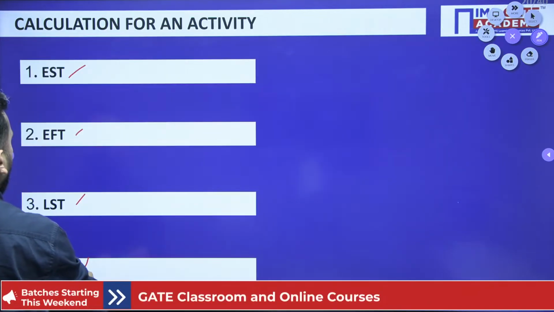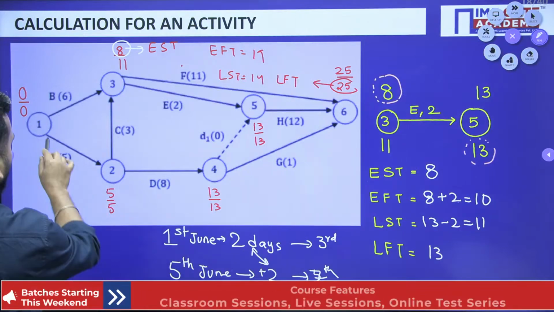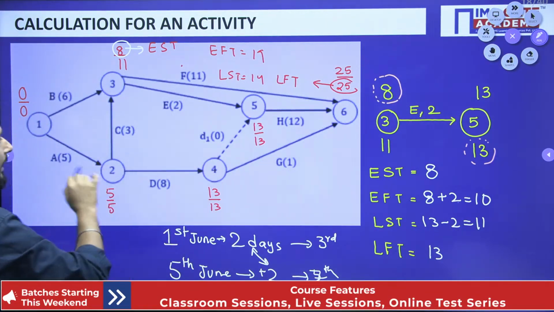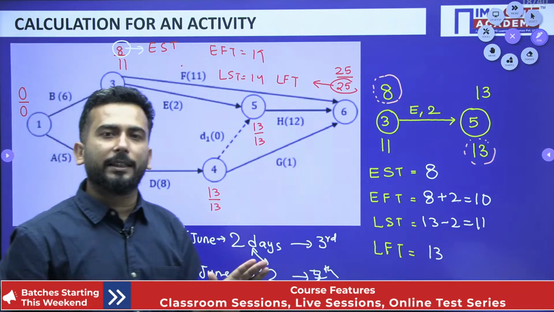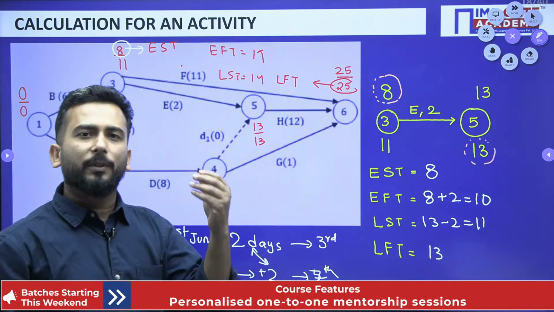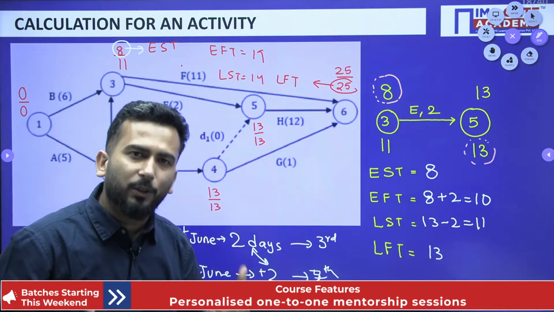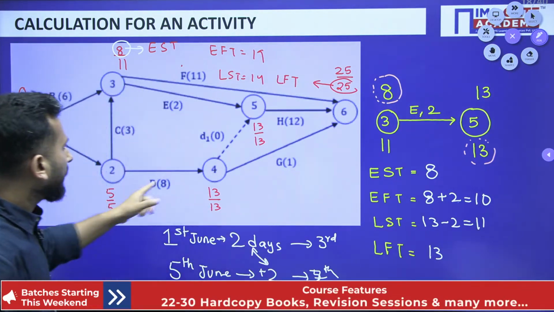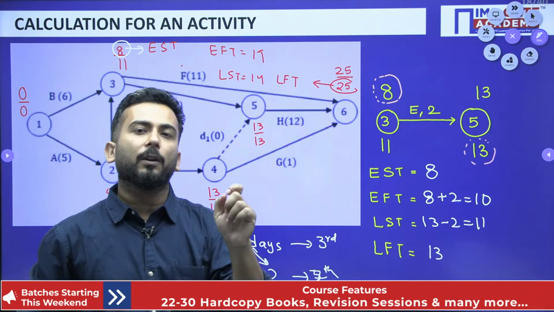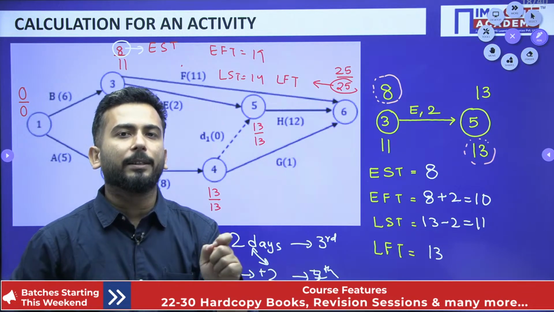Slack, head event slack, tail event slack, total float, independent float, everything you are getting 0 for these particular activities. So such activities are known as critical activities.